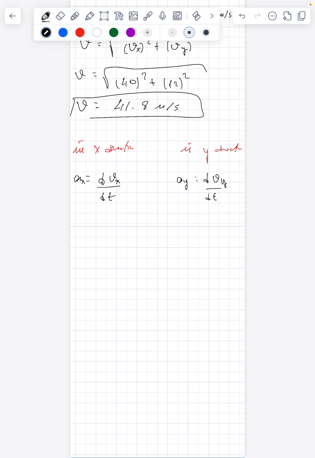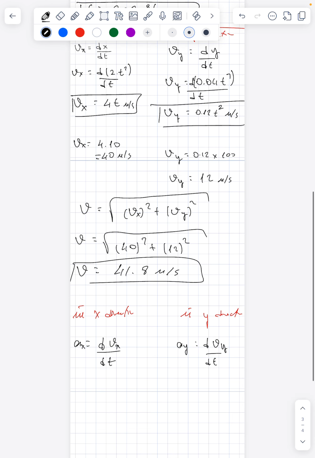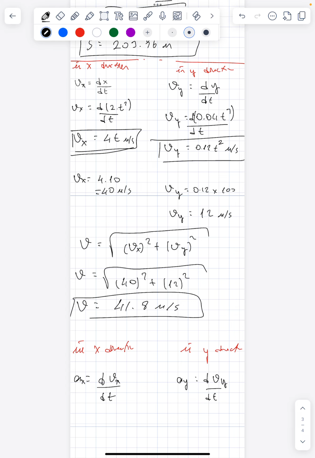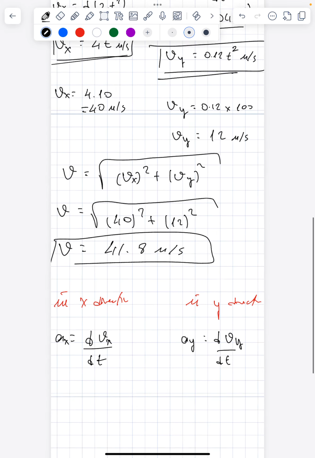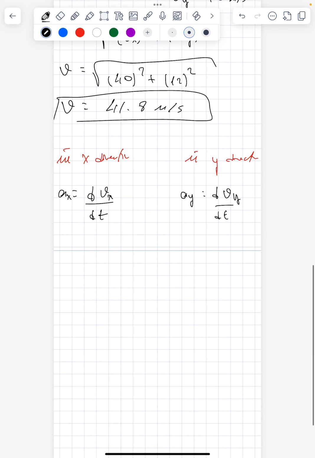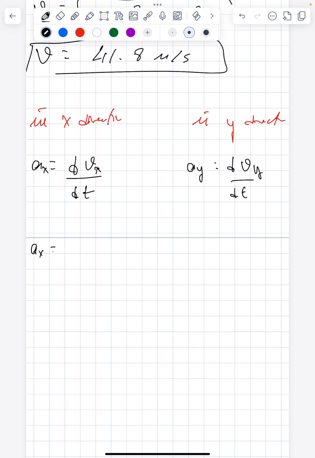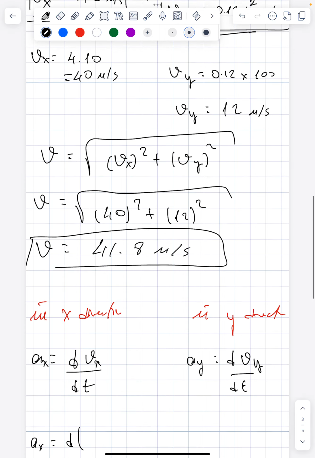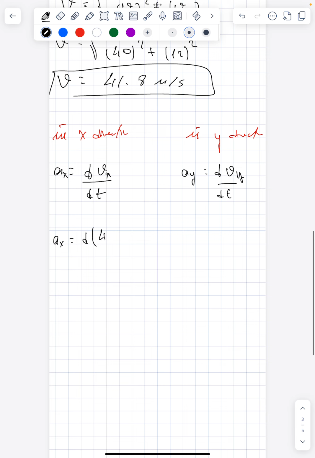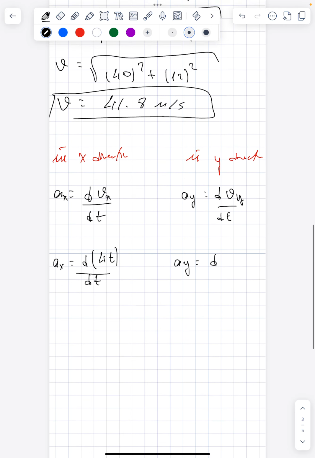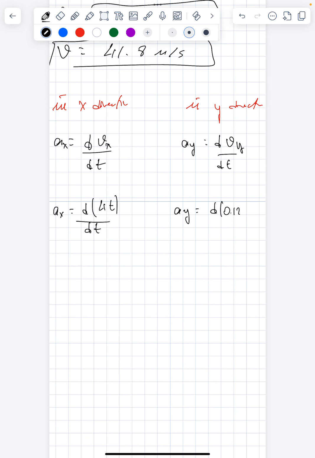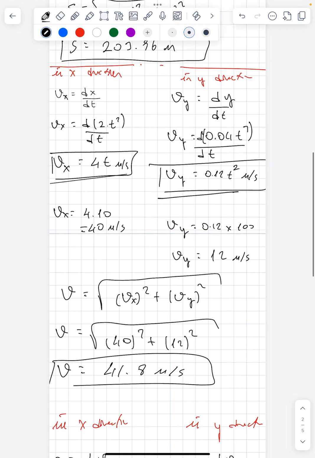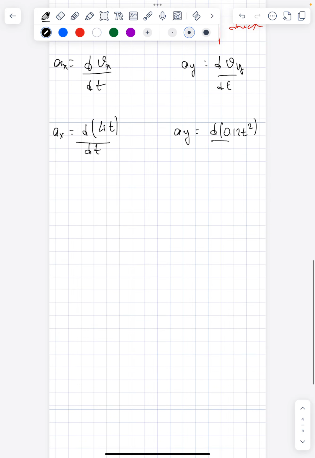I found vx and vy already, so I'm going to use them. ax is equal to d of 4t over dt, and ay is equal to d of 0.12t² over dt.